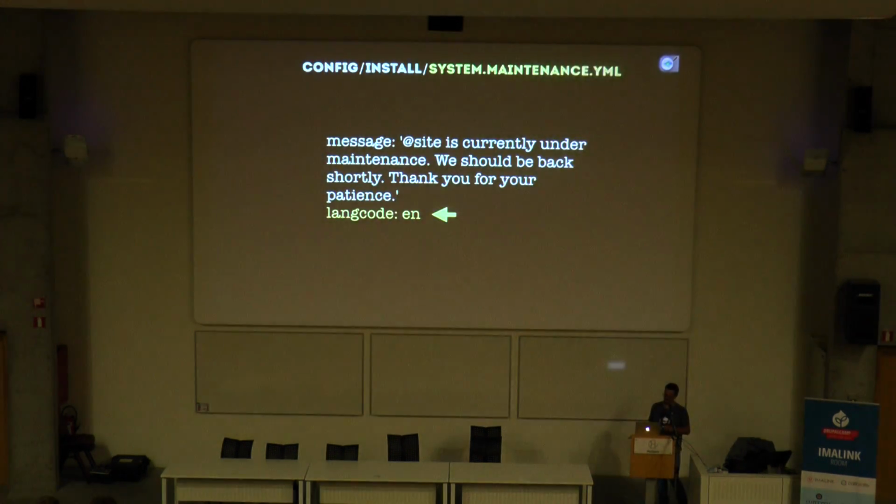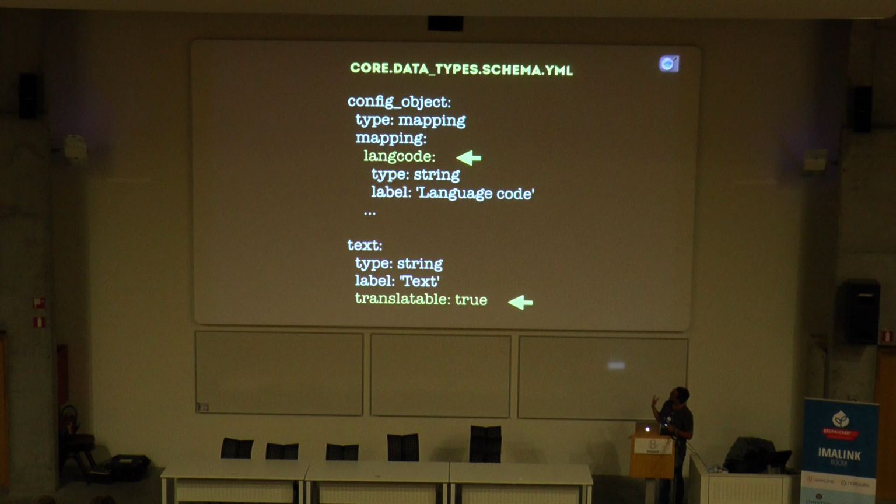For config translation, these are actually saved in YAML files. And you can export them to YAML files, and they contain the language these config objects are in. So in this case, we have the system maintenance text, and it has the langcode associated with it. And this langcode comes from the config schemas.